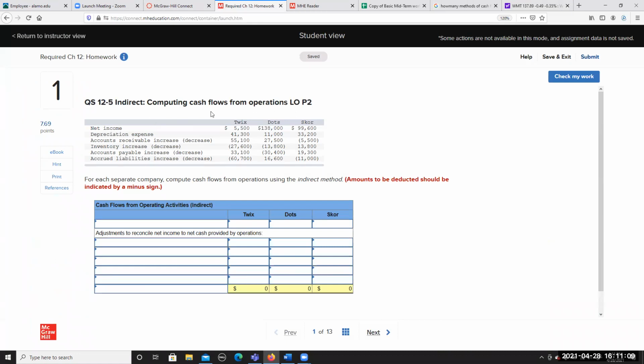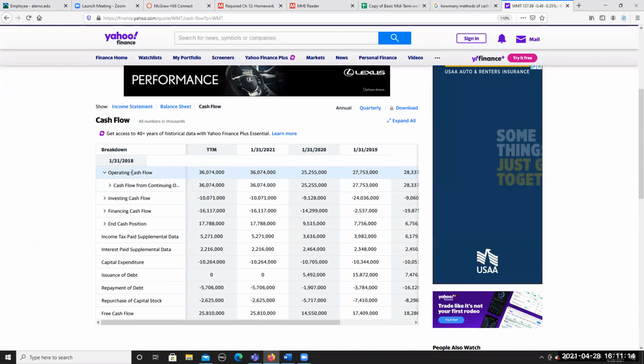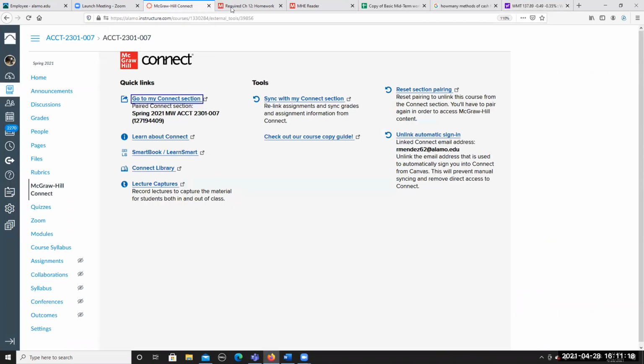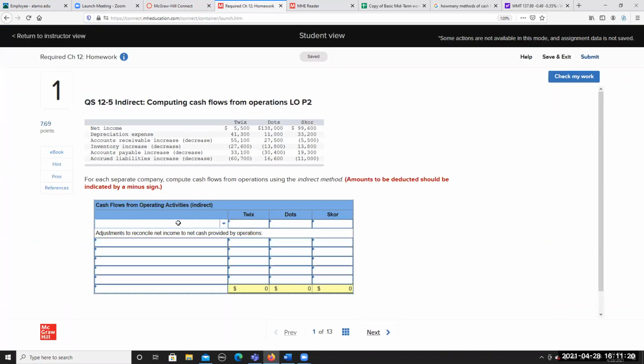First thing in here, compute the cash flow from operations. So that's only the first section. There's operations, investing, and financing activities. So the first thing we start off with is net income. And then you're going to put in the net income of each of these companies. Now, this is only one section.